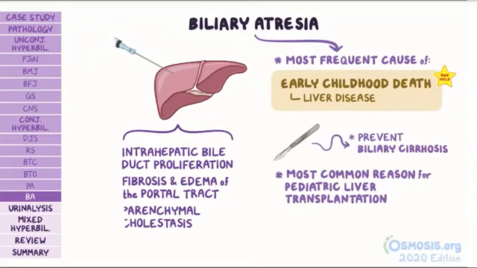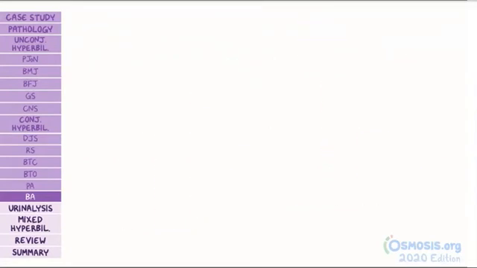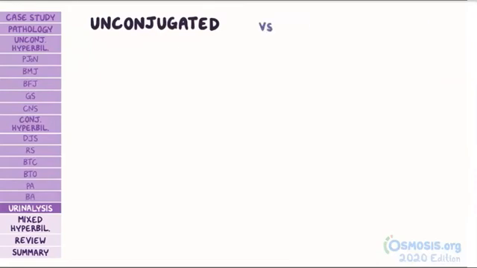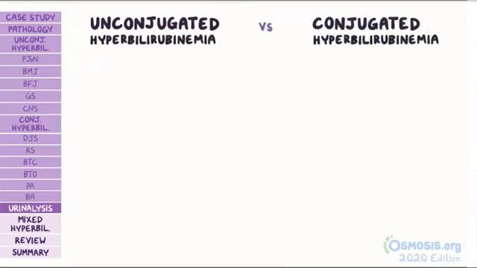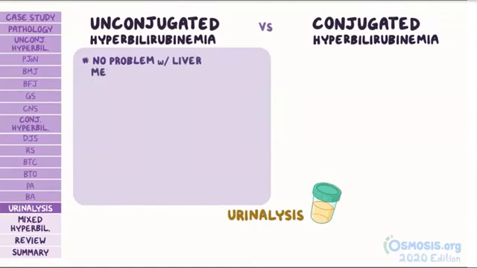Now, a frequently tested concept on your exam is to differentiate unconjugated and conjugated hyperbilirubinemia, and an easy way to do this is by using urinalysis. In unconjugated hyperbilirubinemia, there's no problem with liver metabolism, so there's an increased production of conjugated bilirubin.